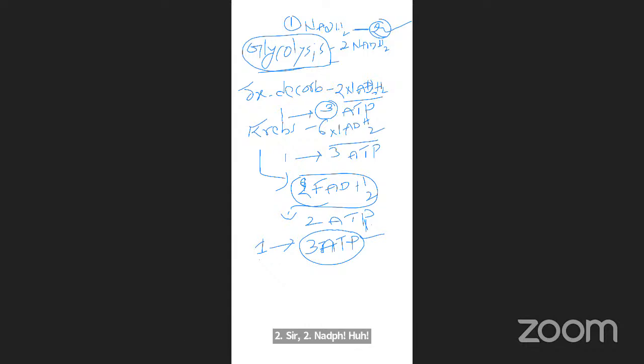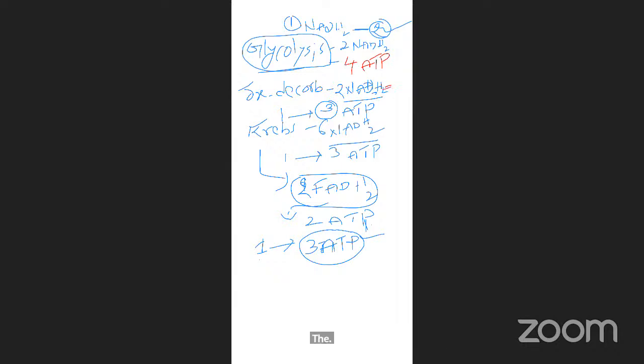Let me change the color. Total 4 ATP. Is it clear? Okay, sir. Now, what about oxidative decarboxylation NADH2? Here, instead of 2 ATP, 3 ATPs are formed per NADH2, so a total of 6 ATPs are formed in oxidative decarboxylation.